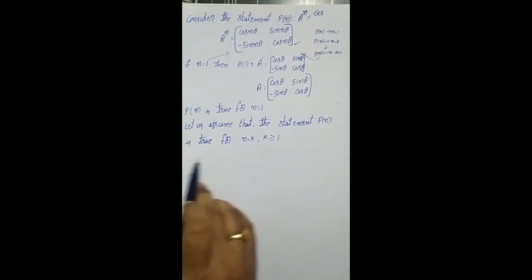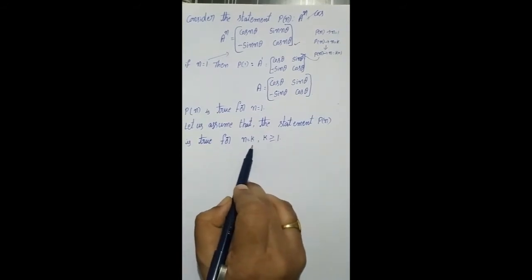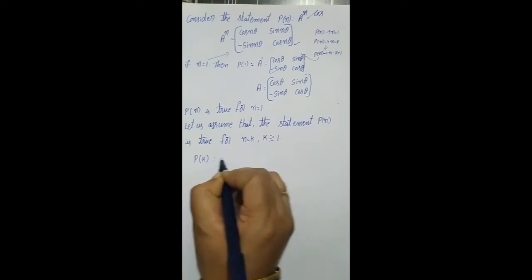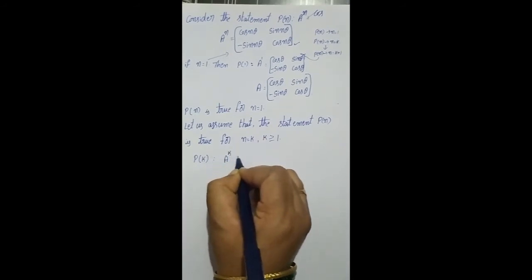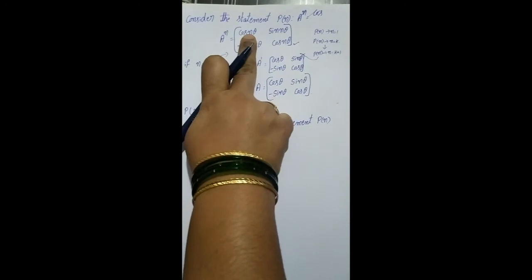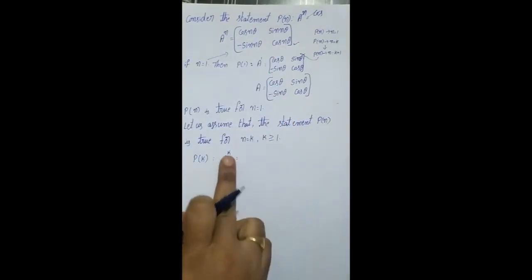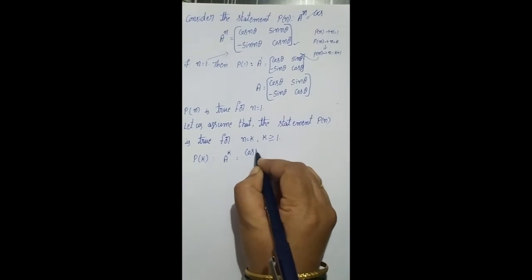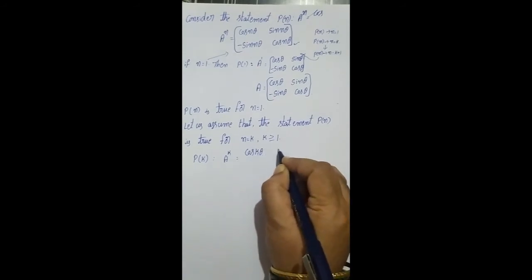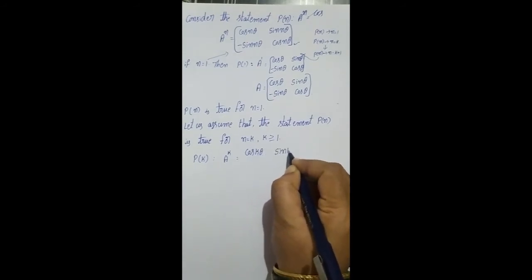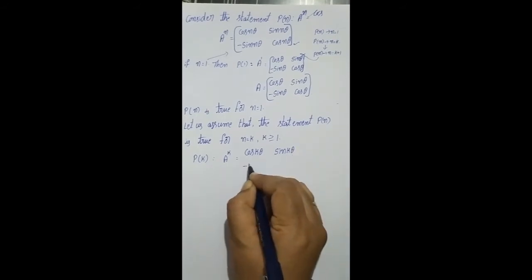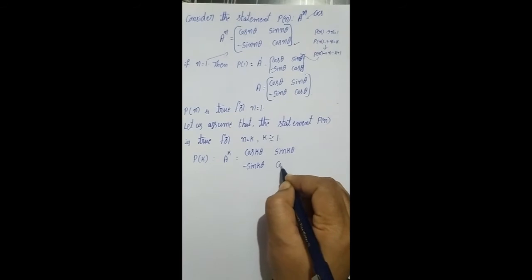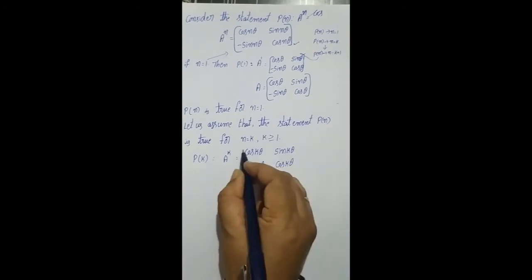That is, if P of n is true for n equal to k, then P of k is A power k, substituting n with k. Then A power k matrix is cos k theta, sin k theta, minus sin k theta, cos k theta.